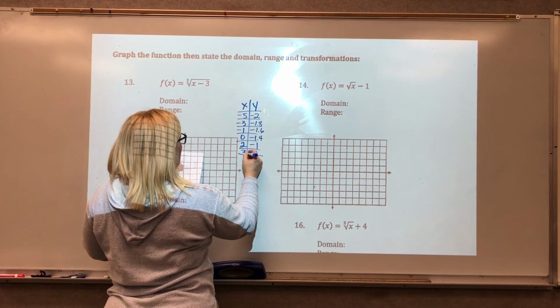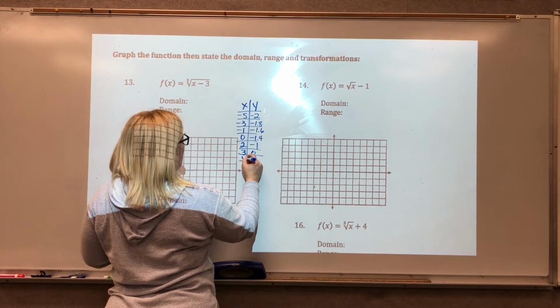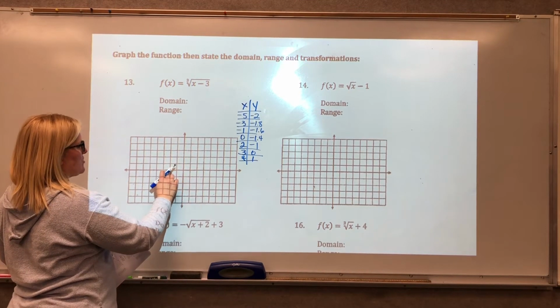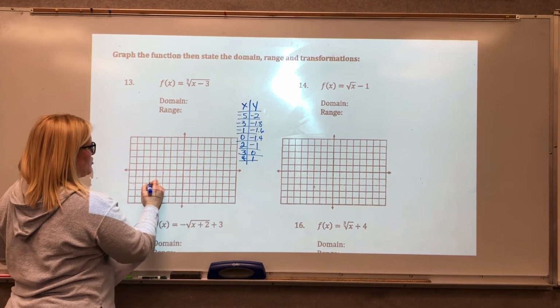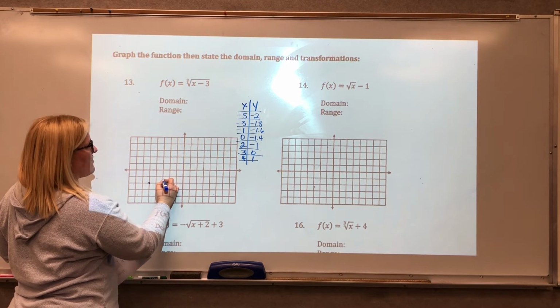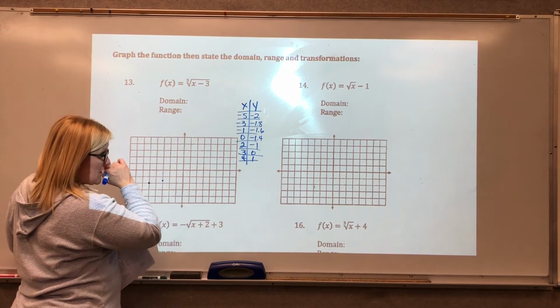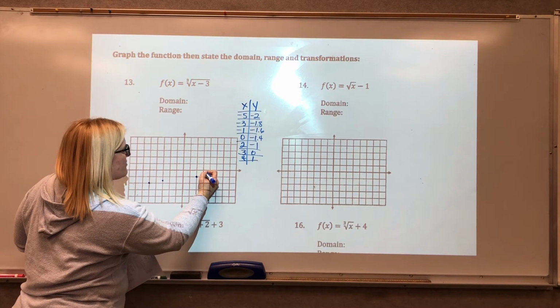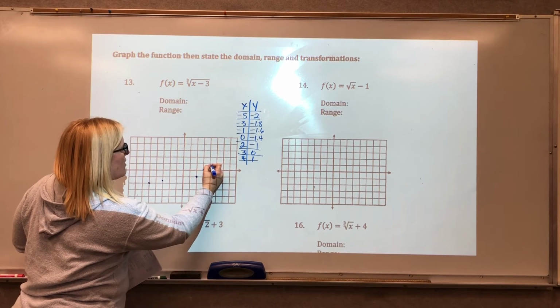I jumped around a little bit, and then 4, 1. Now I plot the points. So this comes up very, very gradually until 2, -1. And we have 3, 0, and 4, 1.